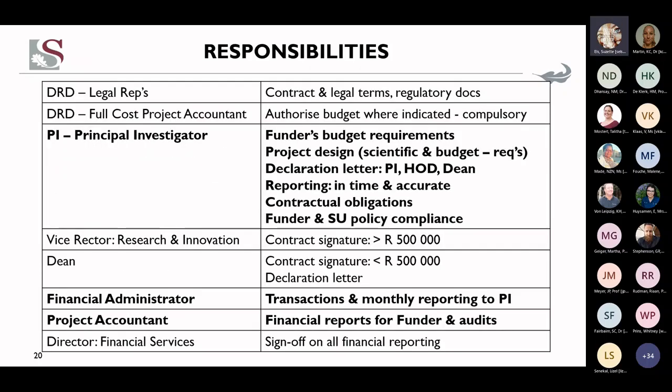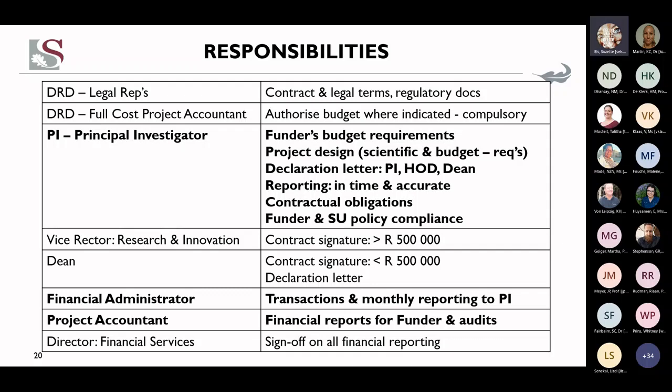Yeah, so summarized, a budget will be the responsibility of the PI, and together in the department and with the support of the Division of Research Development, the contract office and the project accountants, I think any project can be successful if there's a proper budget.